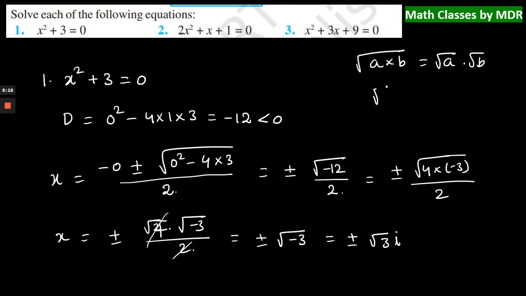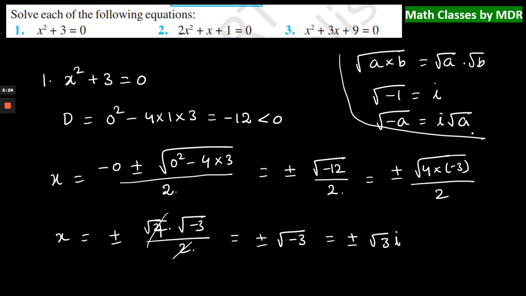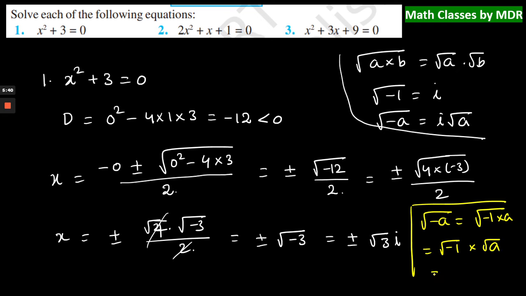We know that root of minus 1 is equal to i. If we have root of minus a, it can be written as i into root a, because it is root a into root minus 1. I hope it is clear. Should I explain? When you have root of minus a, that is root of minus 1 into a, this can be written as root minus 1 into root a, where root minus 1 is i.